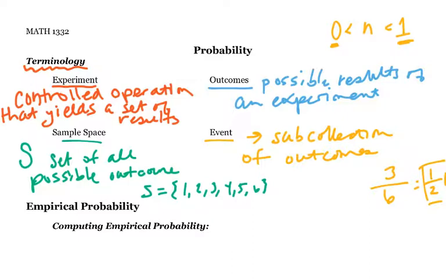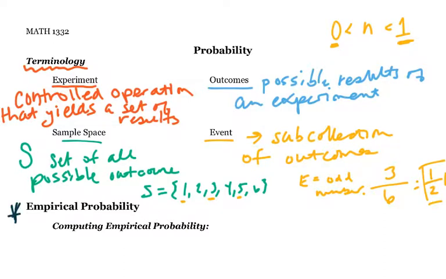So if I said I want my event to be rolling an odd number, you can see that that would be a subset of S, because my odd numbers are 1, 3, and 5. It's all coming back to what we did at the beginning of this session. So keep that in mind. Remember what a set is. Remember what a subset is. It's all going to come back.